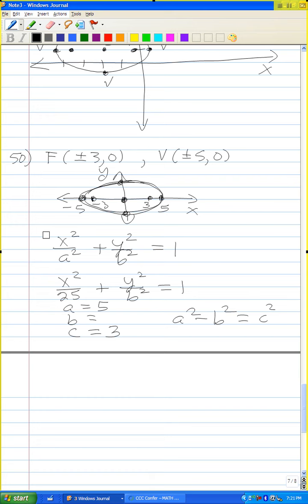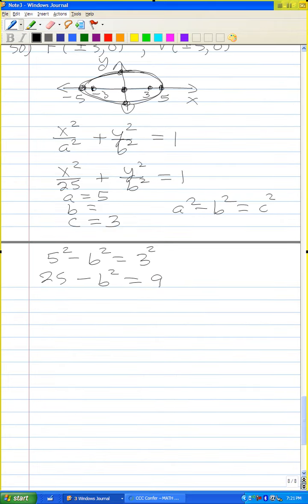And so 5 squared minus B squared is C squared. 25 minus B squared is 9. Subtract 9.